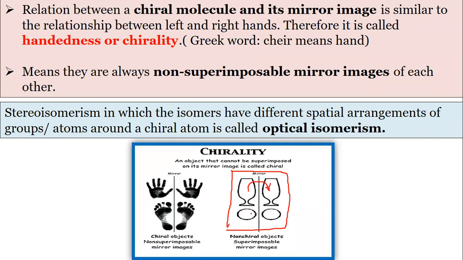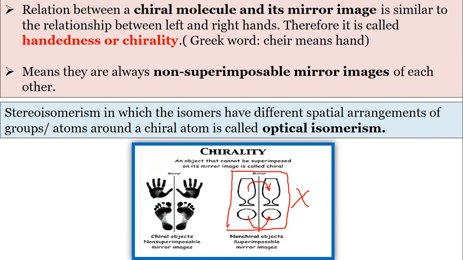This is one circular object, and if you put it on the other object, it will match. So these are non-chiral, because these are not non-superimposable mirror images. They can superimpose, they fit on each other. So these mirror images are superimposable.